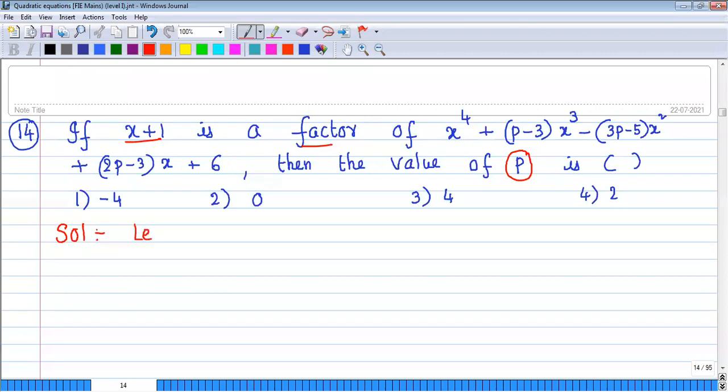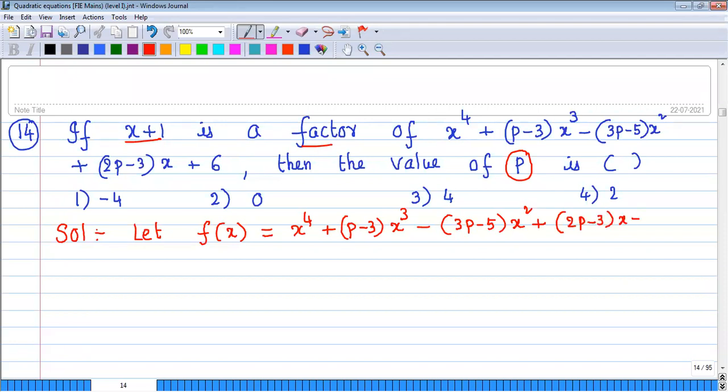Let f of x equal x to the power of 4 plus p minus 3 x cube minus 3p minus 5 of x square plus 2p minus 3 of x plus 6. Since x plus 1 is a factor of f of x, using the factor theorem, we can write f of minus 1 is equal to 0.